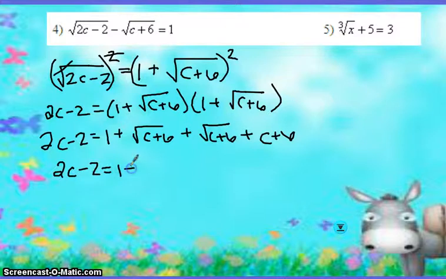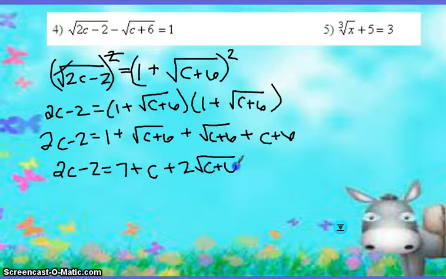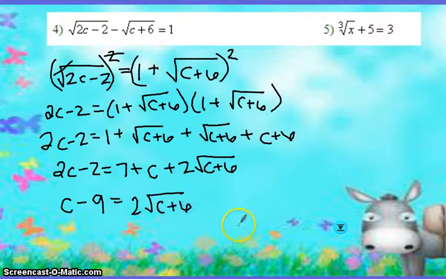So make sure you do get what I am getting for the FOILing and sum of the terms on the right-hand side. Again, we notice we still have a radical, so you do want to isolate that again, meaning subtract the c, subtract the 7, and isolate your radical.